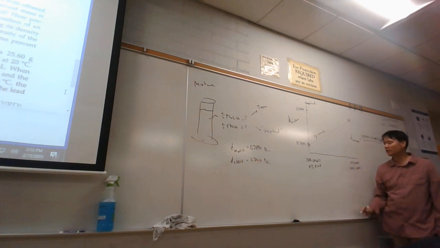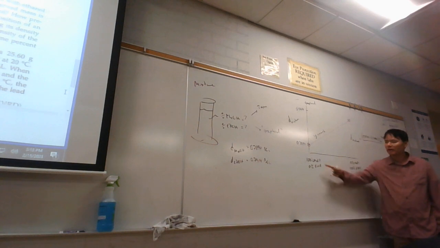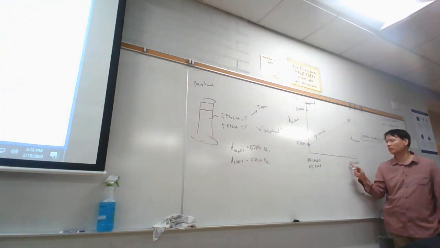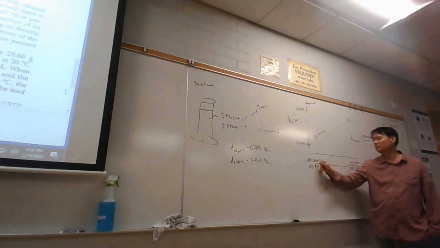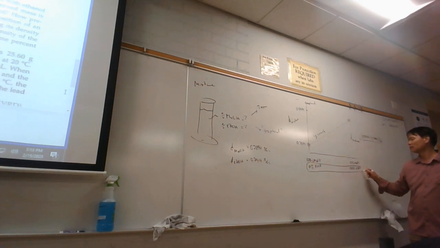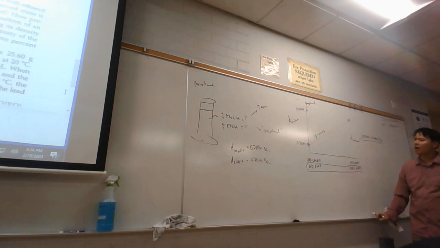Which one should we have as our x-axis? Do you want your x-axis to go from 100 to 0 or 0 to 100? 0 to 100. So we're going to use percent ethanol as our x.